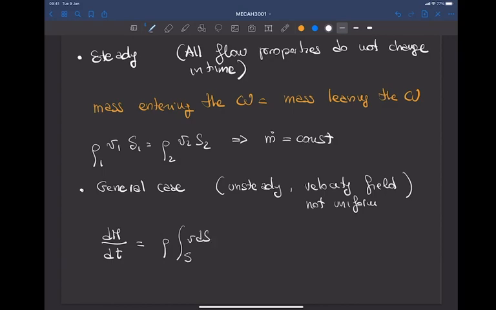Okay, and so this is what we get at section 1. And then we have to remove, of course, the contribution at the outlet, and so this is rho times the integral of v dS over section S, and this is done on section 2.